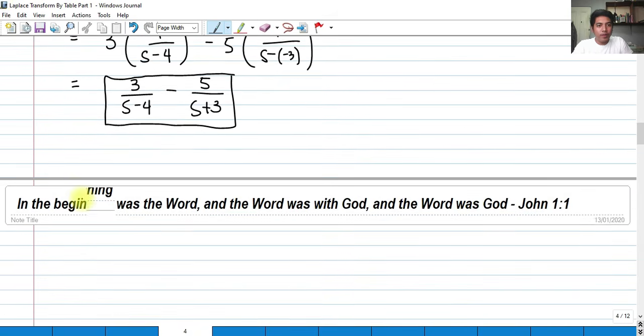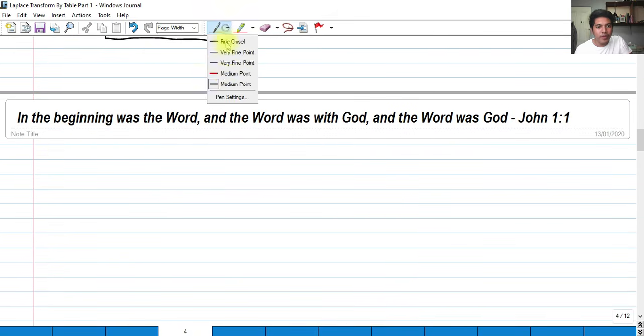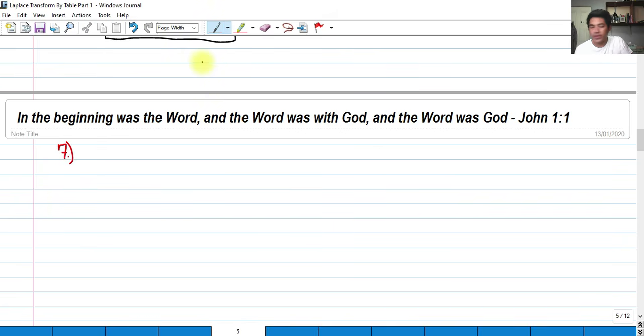Let's go now to another problem, number 7. This is a pretty easy example so that you could learn the very basics of evaluating such Laplace transforms.